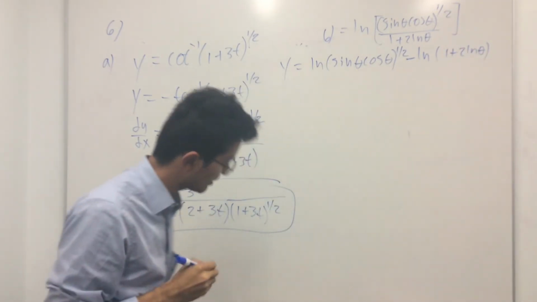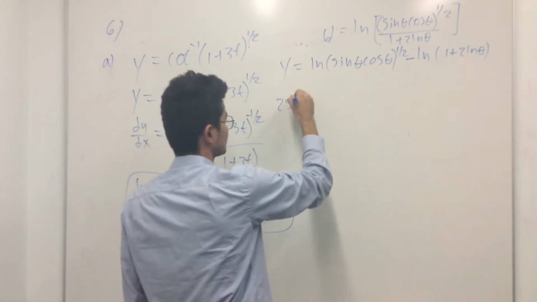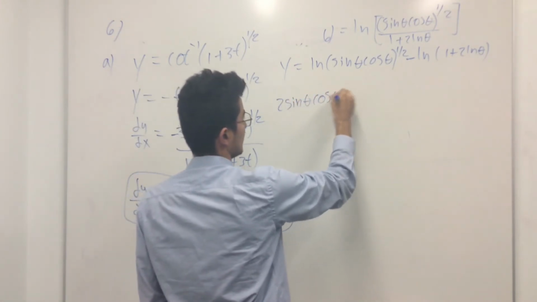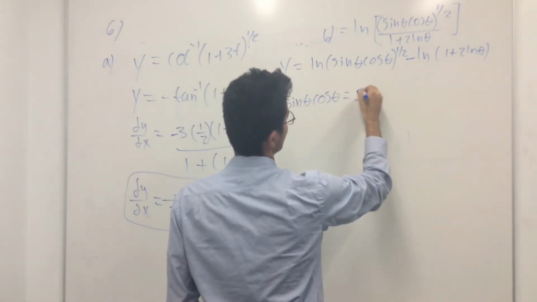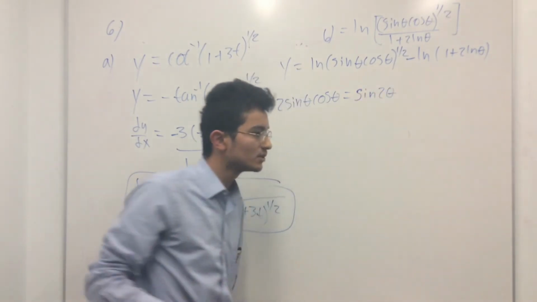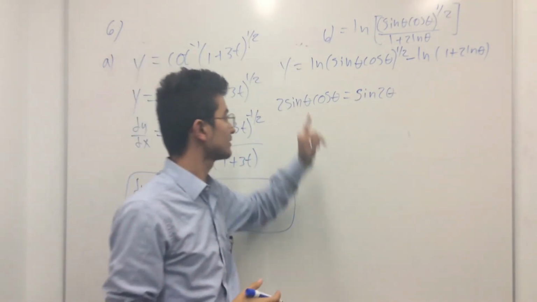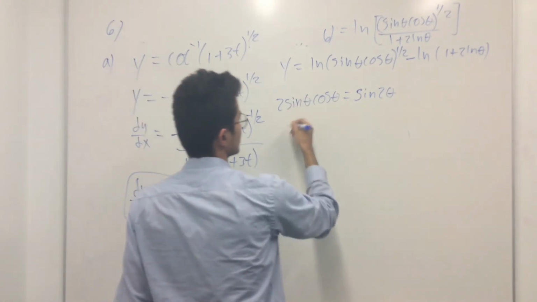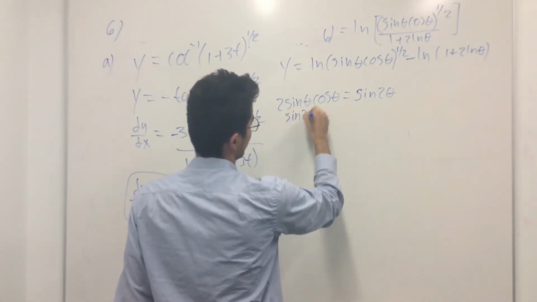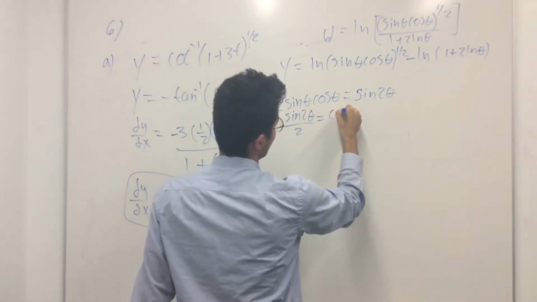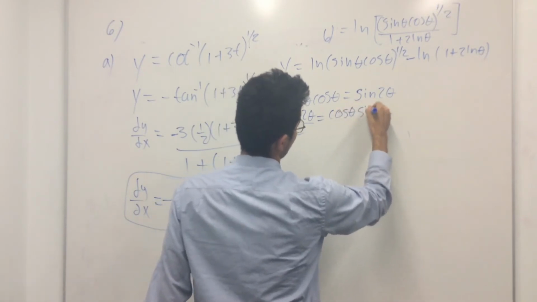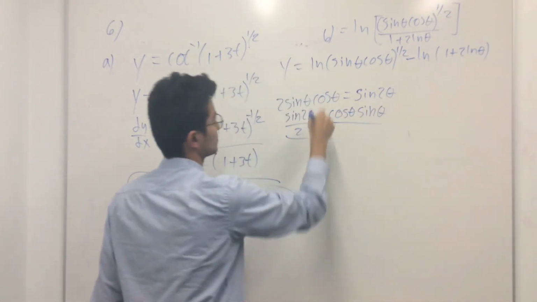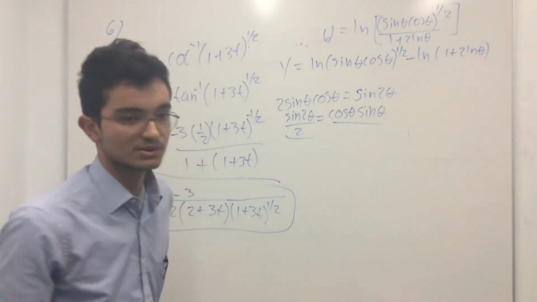Now in this case, we know that 2 sine of theta cosine theta equals sine of 2 theta. So to find cosine theta sine theta, we just divide by 2 on both sides, and we know that sine of 2 theta over 2 equals cosine theta sine theta. So we can substitute this into our logarithm to make things a little bit easier.